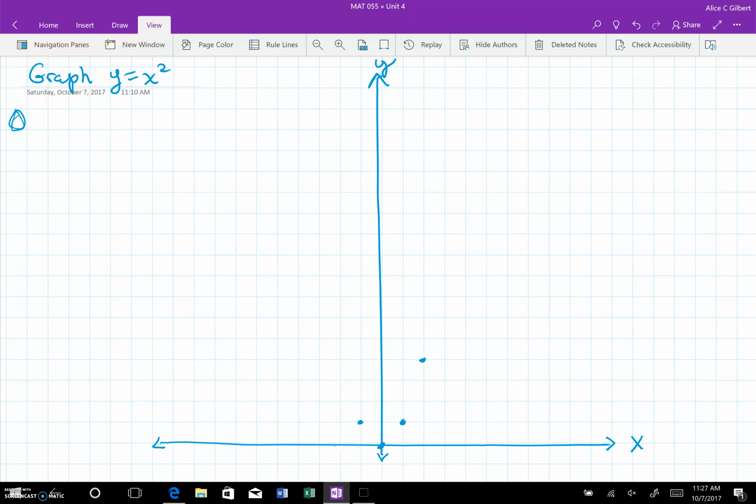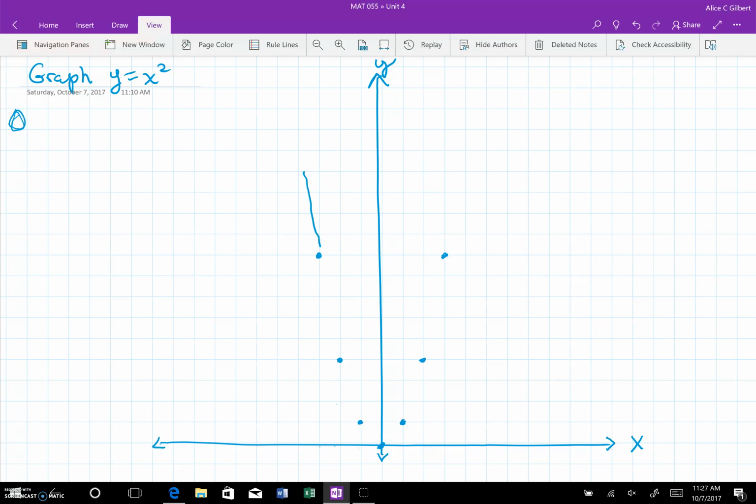And when x is negative 2, y is 4. When x is 3, y is 9, 1, 2, 3, 4, 5, 6, 7, 8, 9. And when x is negative 3, y is 9. And I can keep going forever.